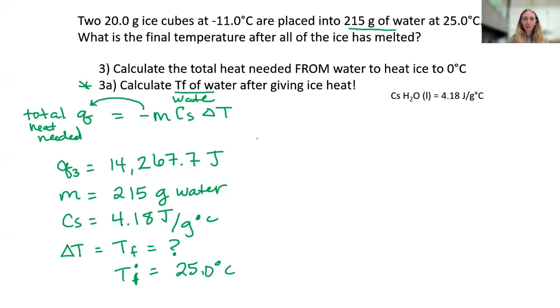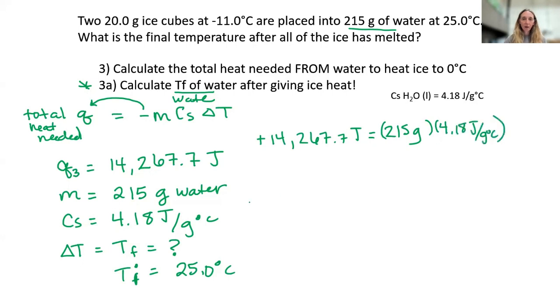So we have a positive heat that's needed. That's going to be 14,267.7 joules. Our mass of the water is 215 grams. We're going to multiply that by the specific heat, and we're going to multiply that by our temperature final minus our initial temperature. Okay, and we're going to solve for this TF value right here.